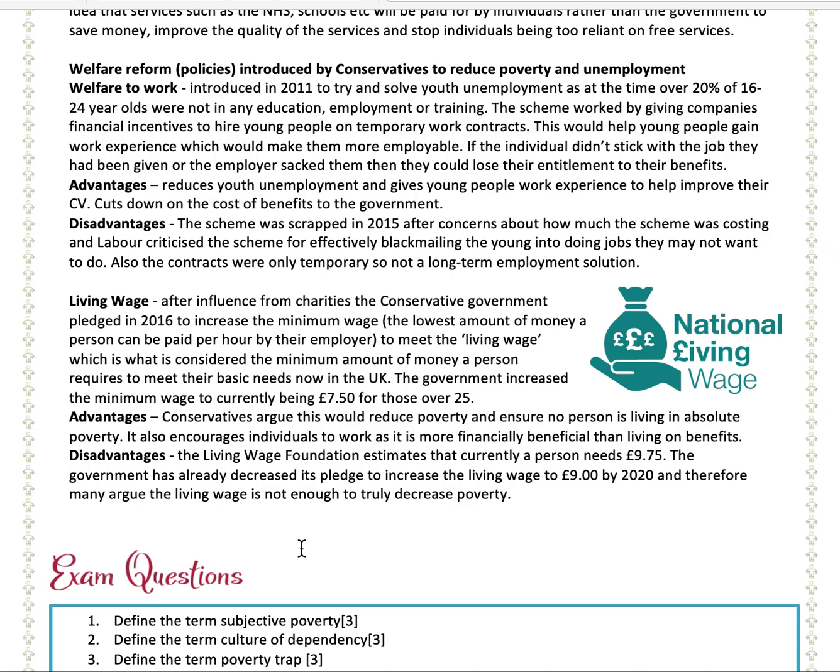They paid companies to hire young people and train them up for 6 months, and then the idea was that they would take them on more long term, or they would at least have some work experience on their CV and skills, etc. Advantages: it did reduce unemployment, and the government didn't have to pay benefits to them during that time, and it gave them something to write on their CV, so made young people more employable in the future.